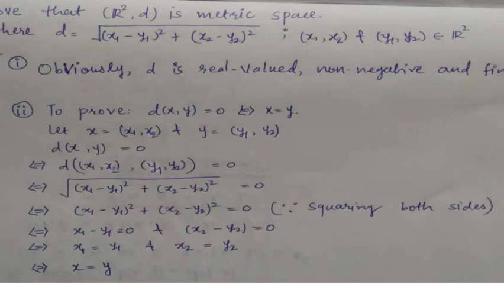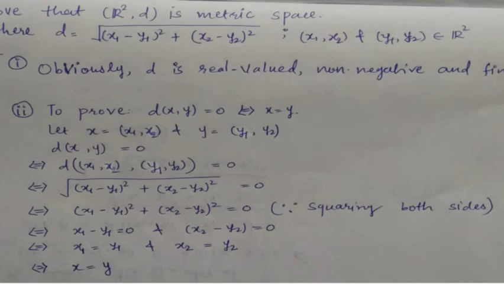The next property is to prove d(x,y) is equal to 0 if and only if x is equal to y. For that, let two points belonging to R2 be x and y, so x as (x1, x2) and y as (y1, y2). First let d(x,y) be equal to 0.